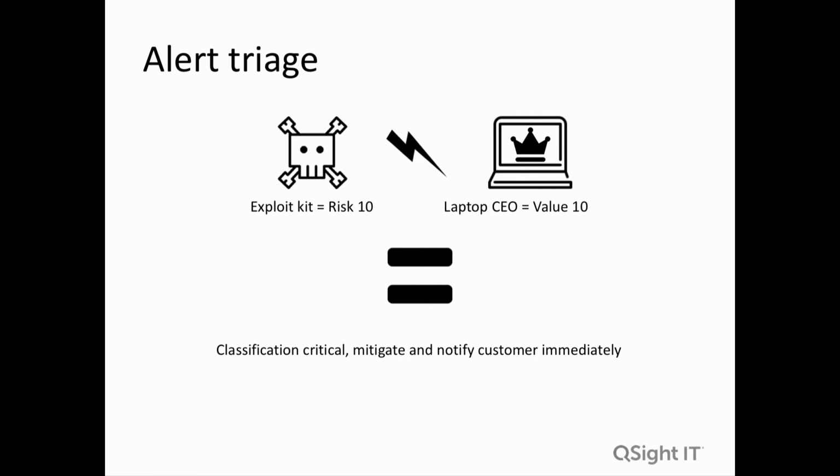But what happens if this same exploit kit is found on some test laptop, which is somewhere in the corner, dusty, doing something? Then it's not that bad. It's the same infection, but on a different asset. So this asset is evaluated as value 1 or whatever.